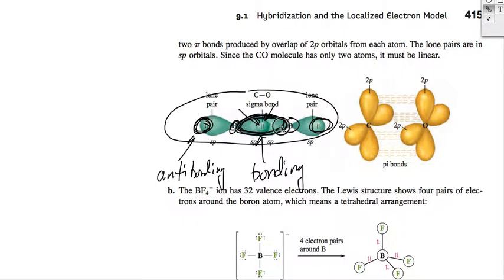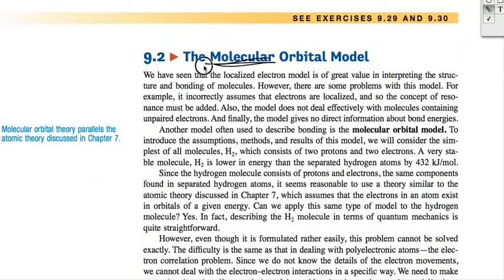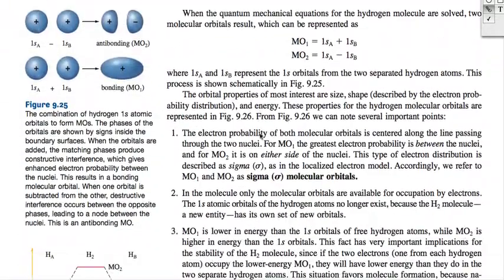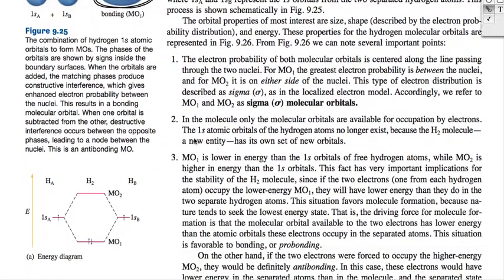The bonding electrons help the bonding and are usually at a lower energy position. The anti-bonding electrons, in order for them to be sustained, that's going to require more energy. So the next model here, the molecular orbital model, has to do with energy. Either you're going to have bonding, which is going to help the bond form, or you're going to have anti-bonding, which is going to detract from the bonding.